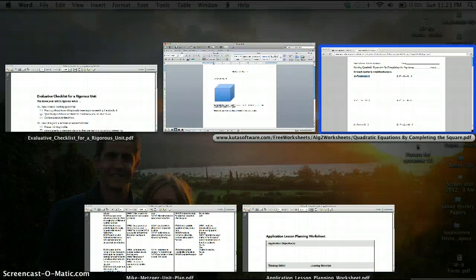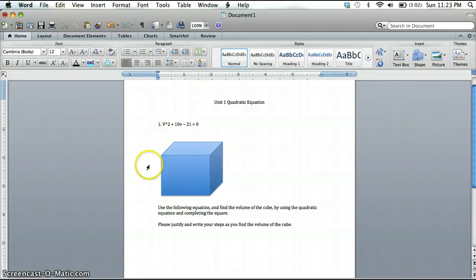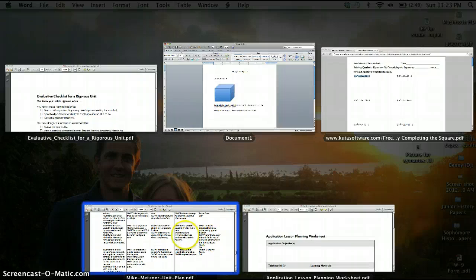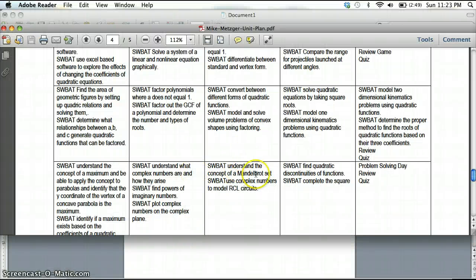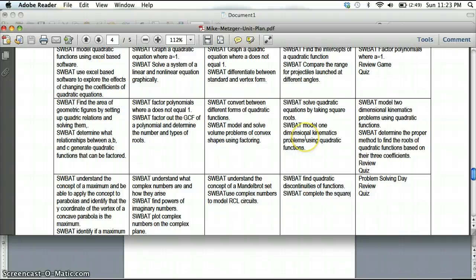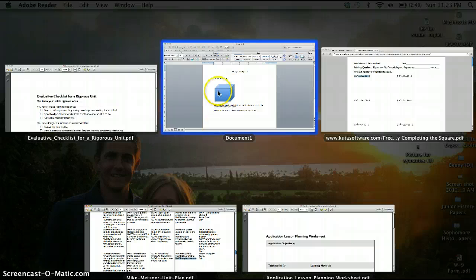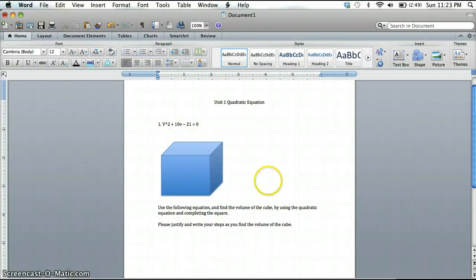Now, if I have this type of question, then I want students to actually be doing this within my unit. So the reason why you're going to write your unit exam first is because then I know when I get to that day, so students will be able to complete the square, I know that I'm going to teach students how to complete the square and do a problem that looks like this.